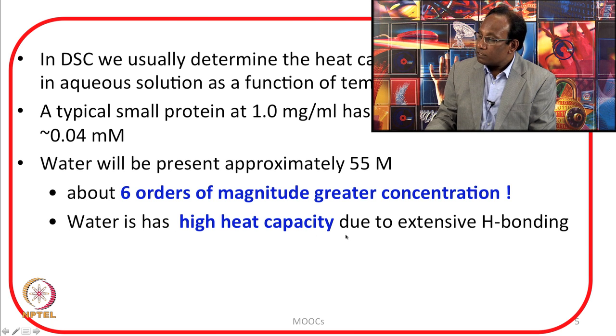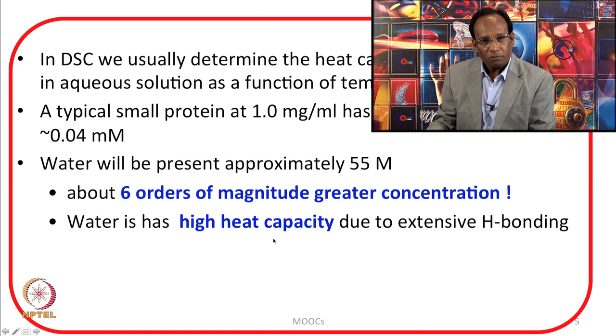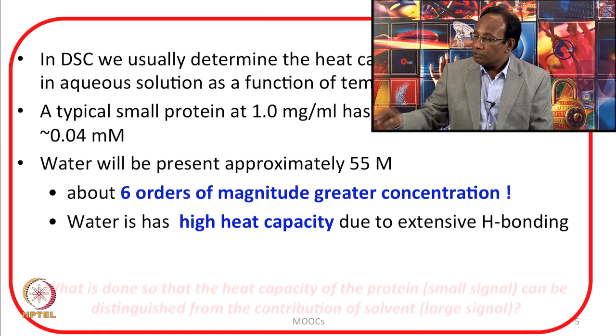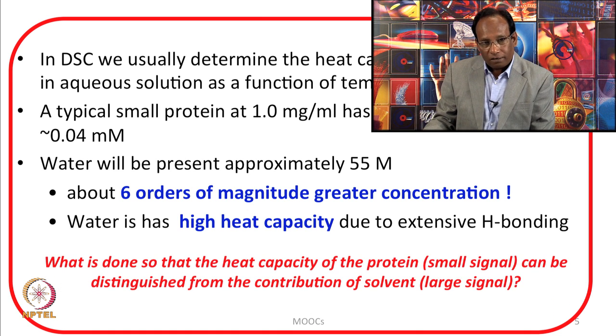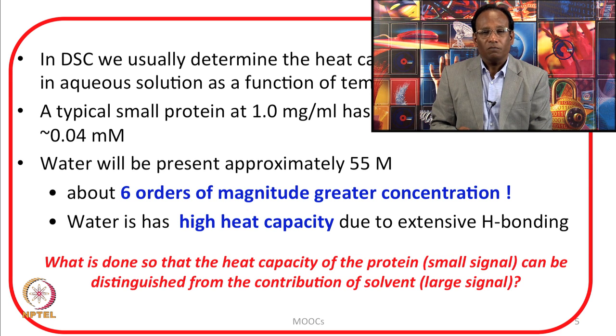And also water has high heat capacity because of extensive amount of hydrogen bonding. So, the question is, what is done so that the heat capacity of protein, which is actually a small signal, can be distinguished from the contribution of solvent, which is a large signal? Let us discuss about that.